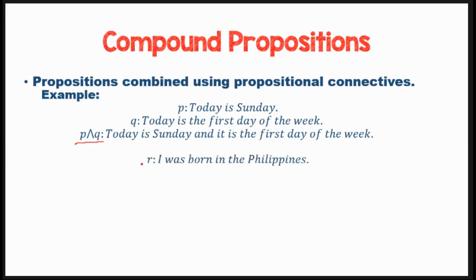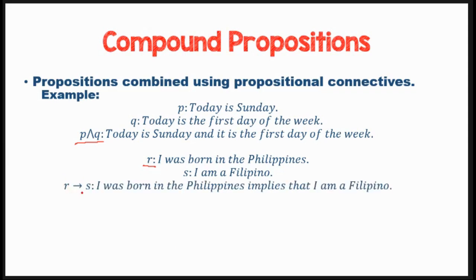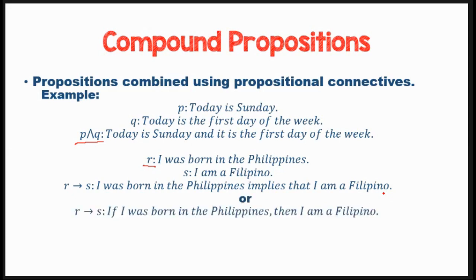This time, we used the letter R for our proposition. I was born in the Philippines. S, I am a Filipino. This time, we have the operator implication. So, we have R implies S. I was born in the Philippines implies that I am a Filipino. Or, if I was born in the Philippines, then I am a Filipino.